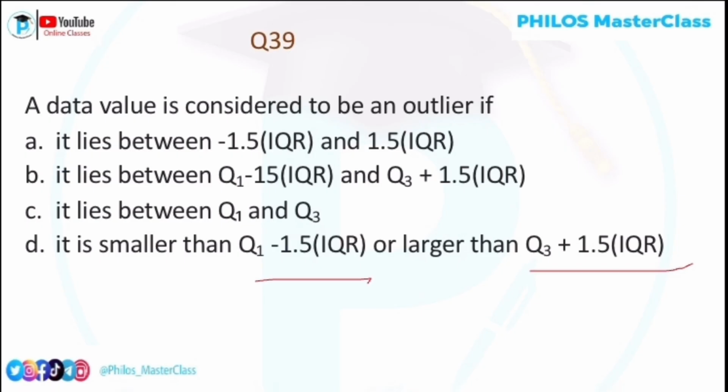So please don't choose if it lies between them. No, it is if it is less than Q1 minus 1.5 times interquartile range, or if it is more than Q3 plus 1.5 times interquartile range. So the correct answer to this is option D. Then let's proceed to the next question.